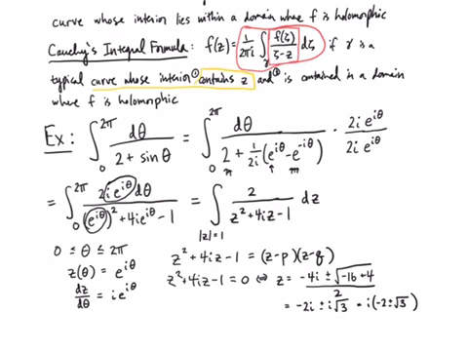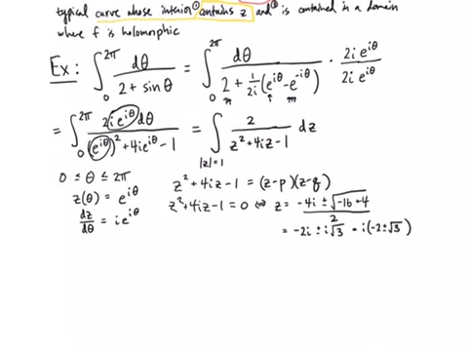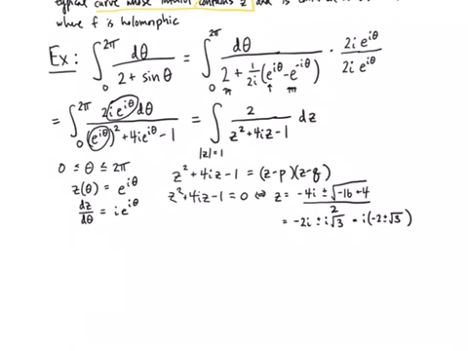So that's this z here. We need to make sure that the z that's going to be in the denominator, which is going to be either p or q down here, is in the interior of our curve. Our curve is the unit circle, so we need to know where these two points are relative to the unit circle.